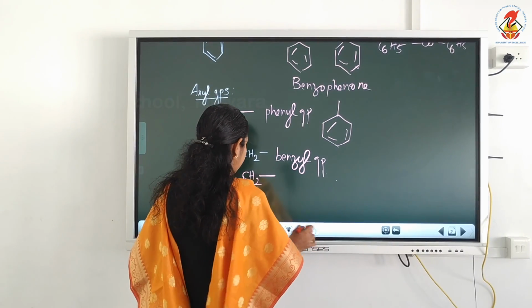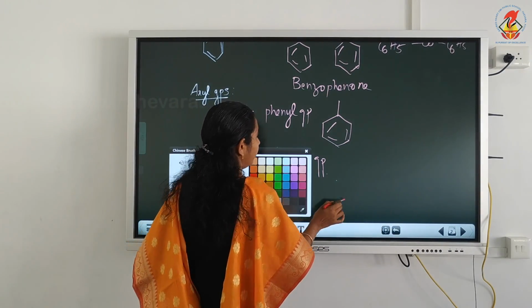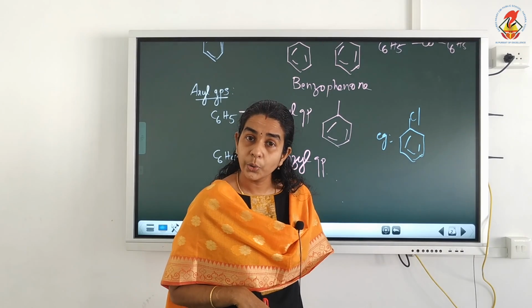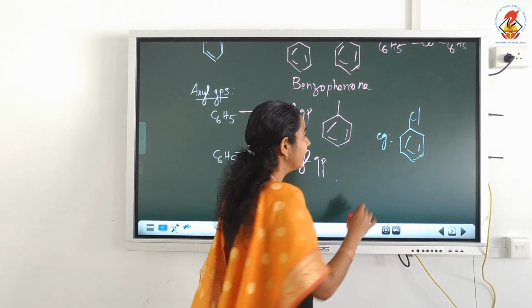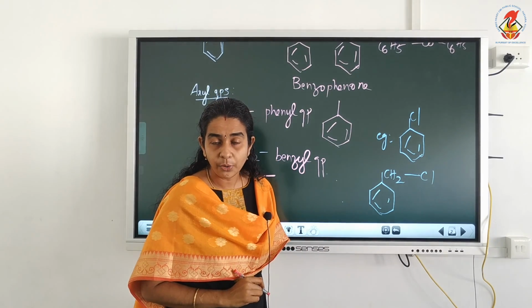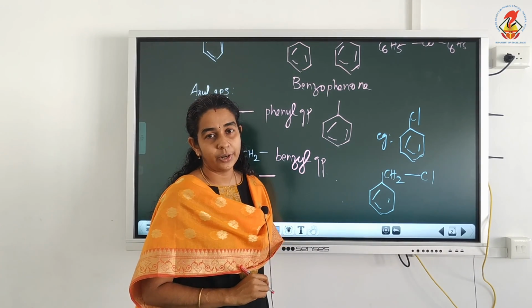Then you can understand very easily. For example, if chlorine is attached to a benzene ring, it will be called chlorobenzene, isn't it? But when the same chlorine is attached to a C6H5CH2 group, that is the benzyl group, it will be called benzyl chloride.